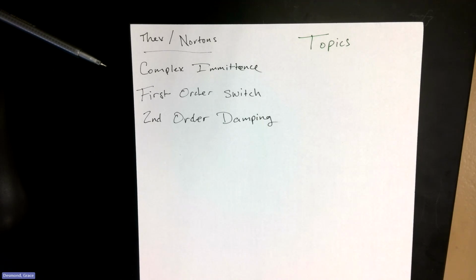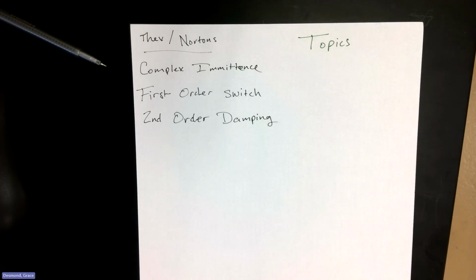And we're gonna work some problems today. We're gonna go through a complex admittance one, which is your steady state whenever you have a sine or cosine source. And then you just solve the problem like you normally would, except there's imaginary numbers in there.